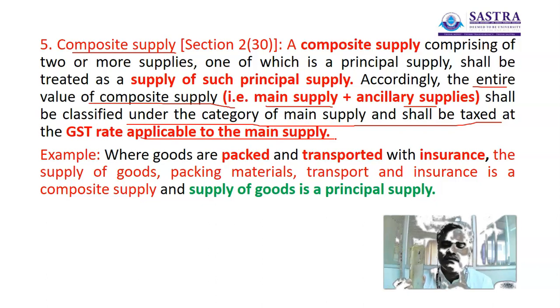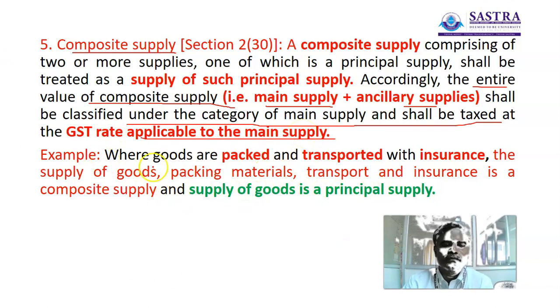The 14% will be applicable for the value of the entire supply. Suppose you are paying 15,000 for this cell phone: 10,000 is for the phone and 5,000 is for the battery. Even though they have separate GST rates, you have to pay the rate of the phone on the total value. This is called composite supply.